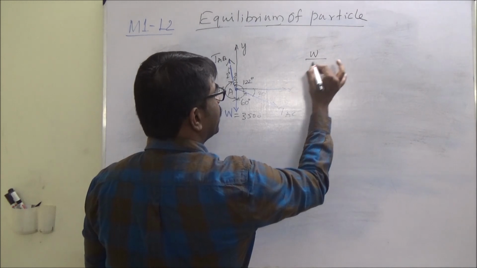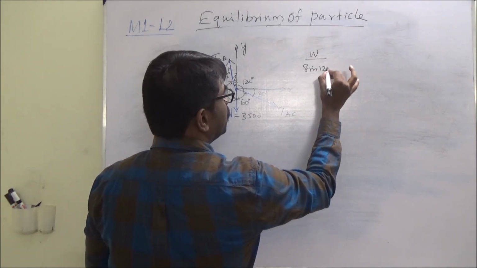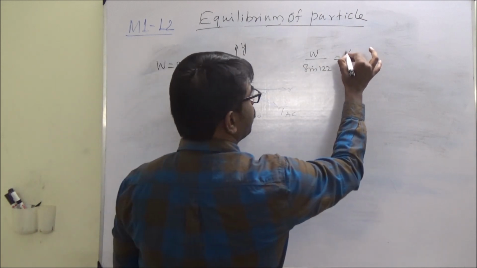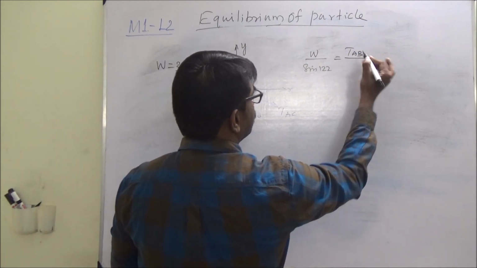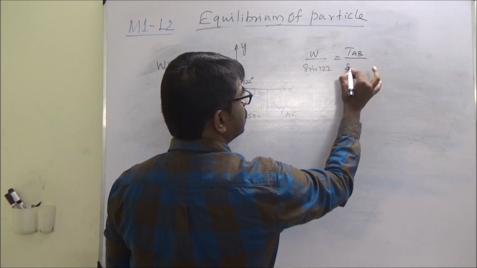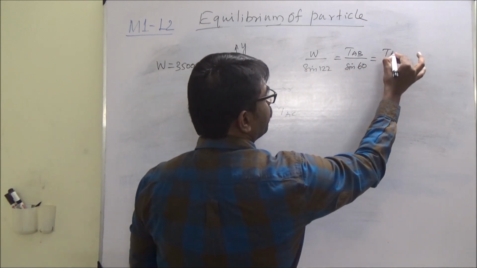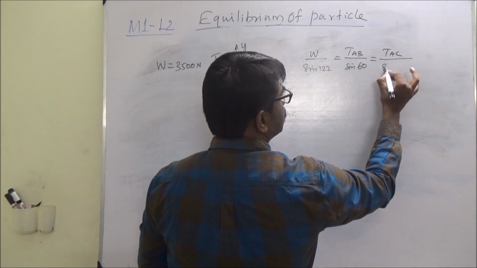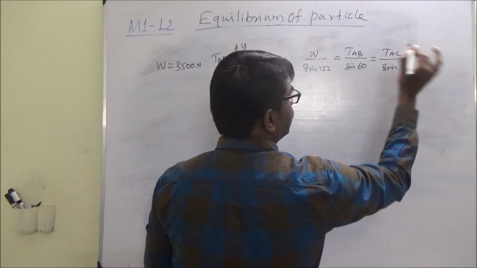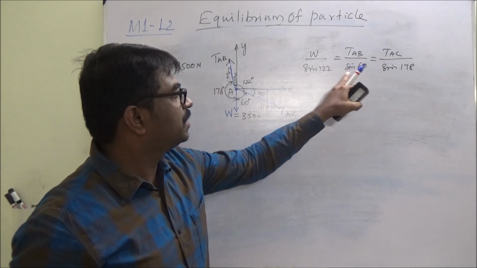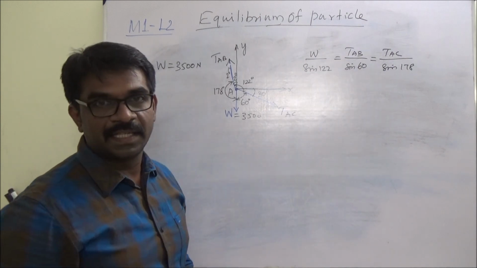So W by sine 122 equals TAB by sine 60 equals TAC by sine 178. If you take these two, you will be able to find TAB.